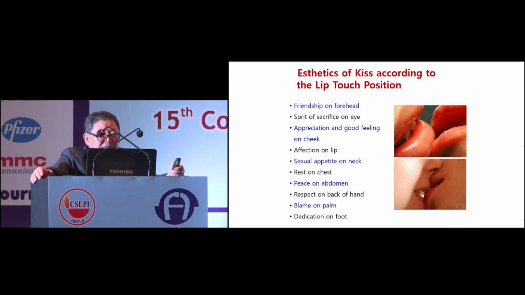There are aesthetics of kiss according to lip touch positions. That is, the type of kissing shows a different meaning by position. Friendship on forehead, appreciation and good feeling on cheek, affection on lips, sexual appetite on neck, rest on chest, peace on abdomen, blame on palms, dedication on foot.